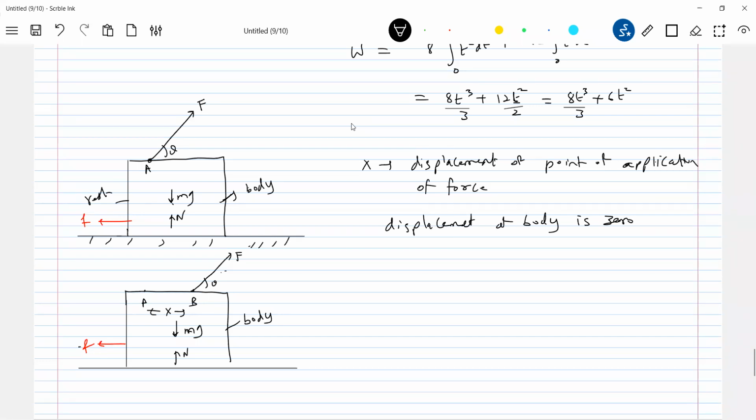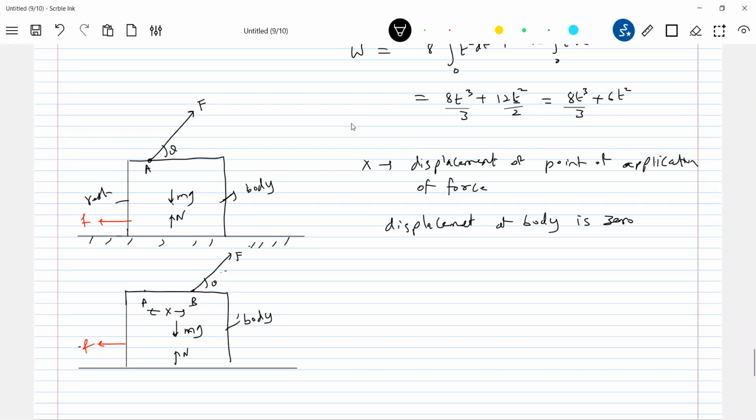Now I'll ask you one very good question. Work done by a force, and work done by a force on an object. Are these two the same statements? Work done by a force, work done by a force on a body. They are two different things. You should not take it for granted. For a particle, they'll be the same. For a body, they cannot be the same.